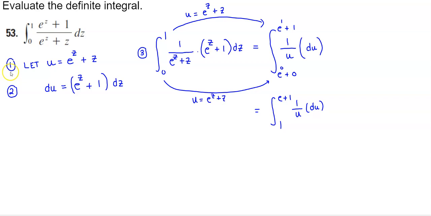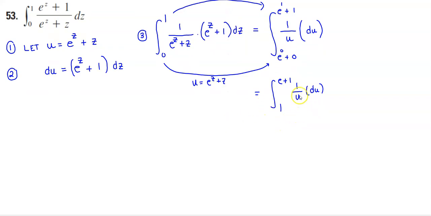Okay, so now the next thing is, well, what do we know about the antiderivative of 1 over u? Well, the antiderivative of 1 over u is the natural log. So the antiderivative is the natural log of the absolute value of u, with a lower bound of 1 and an upper bound of e plus 1.